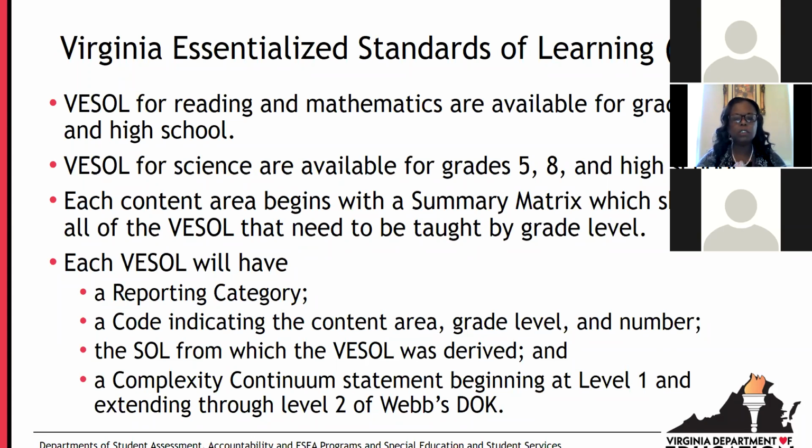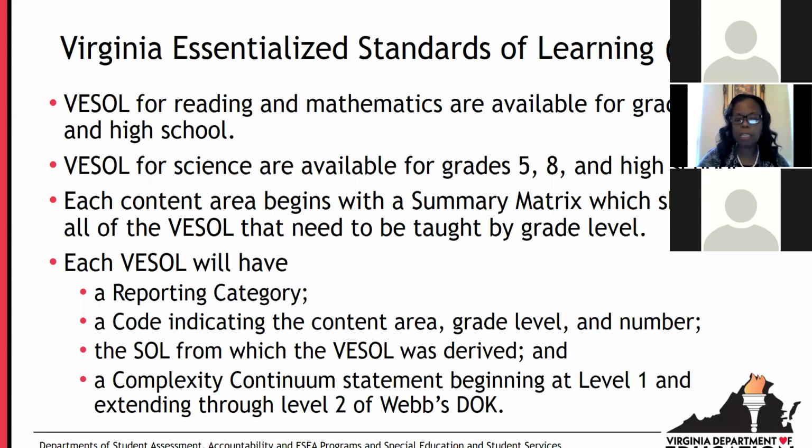So in addition to the summary matrix, and right after the summary matrix, the VESOLs are laid out one by one. And what you have for each VESOL is going to be the reporting category that it falls in. And we all know that the SOL program is arranged by reporting categories.